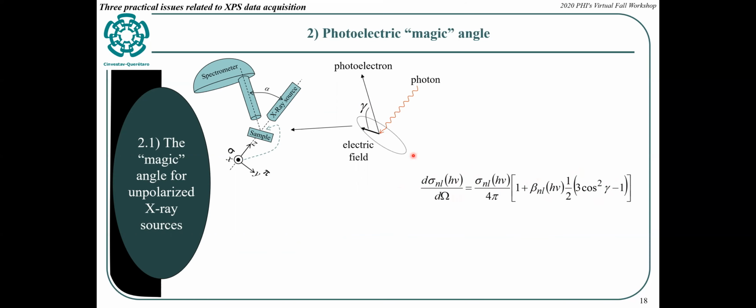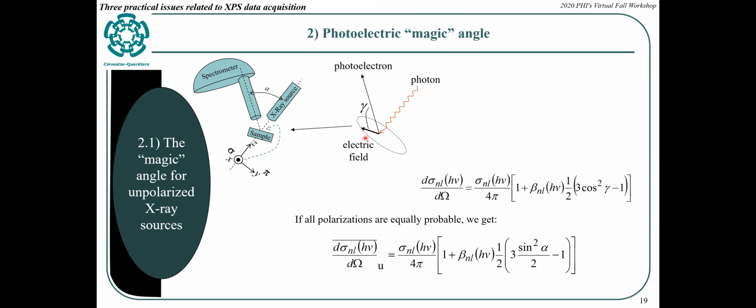When you assume that all polarizations are equally likely, it's like averaging gamma over all possible polarization directions, and what you get is this expression. Now here you have alpha, which is the angle between the spectrometer and the X-ray source, and you no longer have gamma here. So this is after averaging.